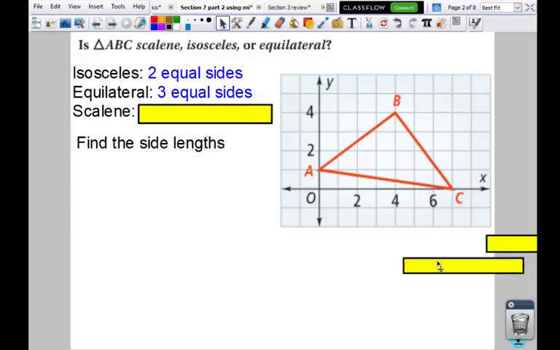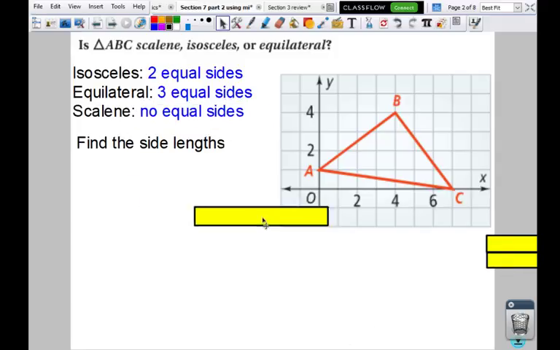There we go. 2 equal sides is isosceles. And we haven't talked about this one, I don't think. But anybody know what a scalene triangle is? They're all 3 different. No equal sides, or 3 different sides. Same thing. So, isosceles is 2, equilateral is 3, scalene is none.